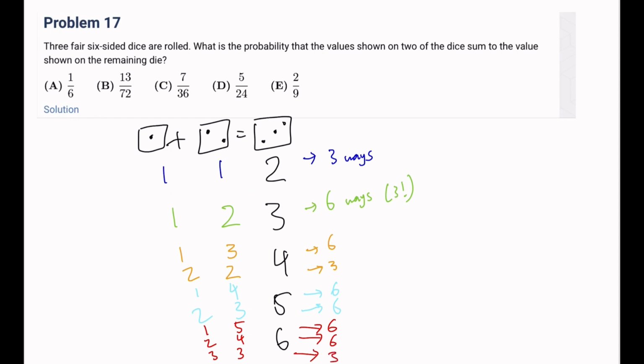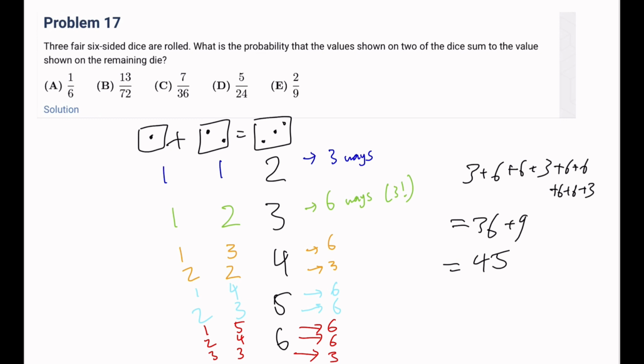And so we have to add all of these colorful things up. So it's 3 ways plus 6 ways for 3, plus 6 plus 3 for 4, and plus 6 plus 6 for 5, plus 6 plus 6 plus 3 for 6. And so there are 6 sixes, so 36 plus 9 equals 45.